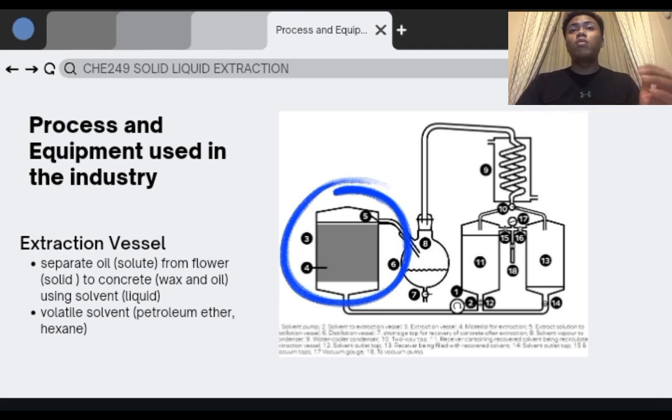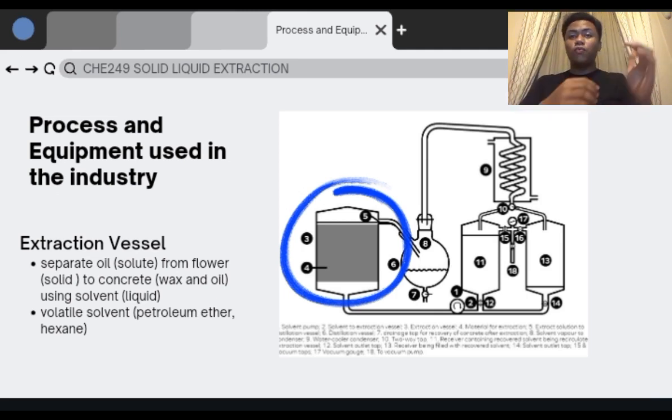Then later it will flow to this sphere tank we can see there. In there it will be mixed with alcohol, so the wax and oil, which is the concrete, will enter the tank, and the alcohol is there to release the oil from the wax. We can see there is a hose down the circle tank.